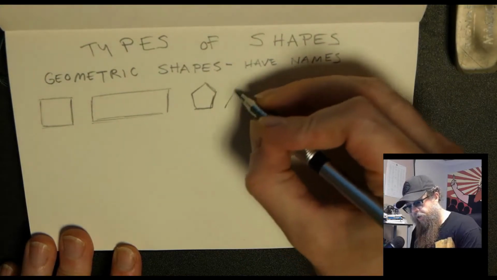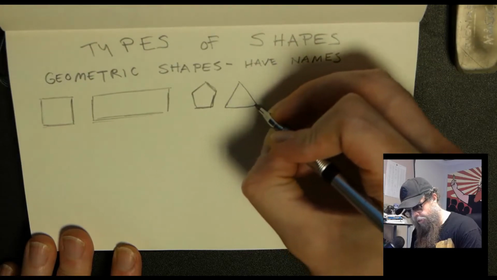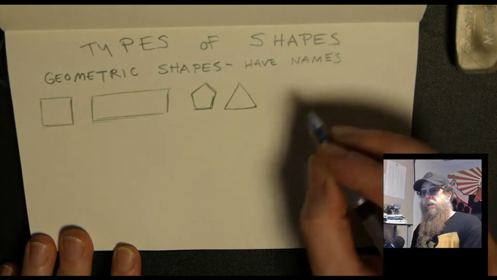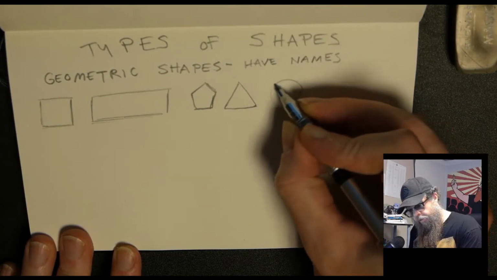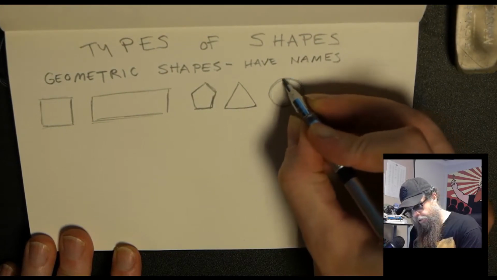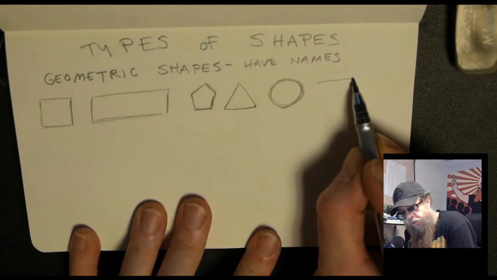Of course, there's a triangle. And you have a circle. It's really hard to draw a perfect circle. Of course, there's an oval.